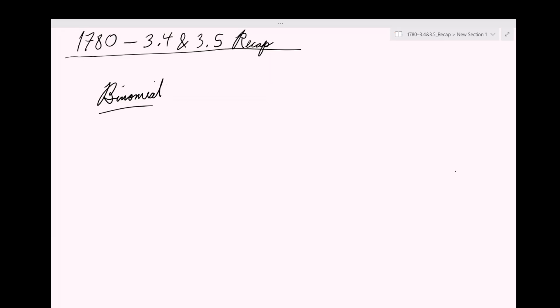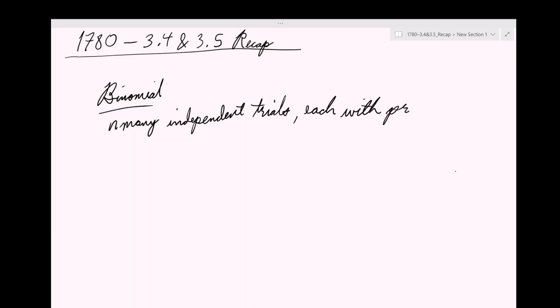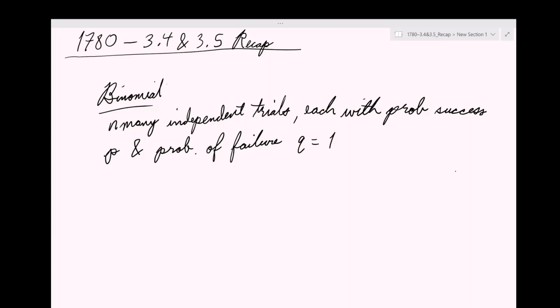where we had a certain number, let's say n many independent trials each with probability of success equal to some number between 0 and 1, which we called P. And we've been shorthanding the probability of failure as Q, which just means 1 minus whatever P was.